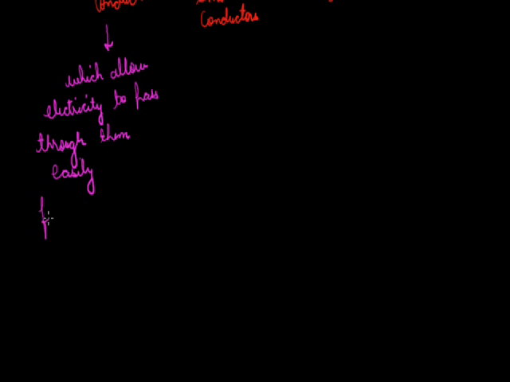For example, metals. All the metals are good conductors of electricity and heat because they allow the electricity to pass through them easily, without any hindrance or obstruction to the flow.